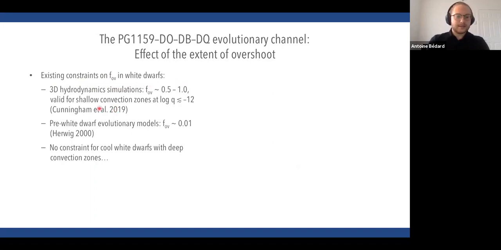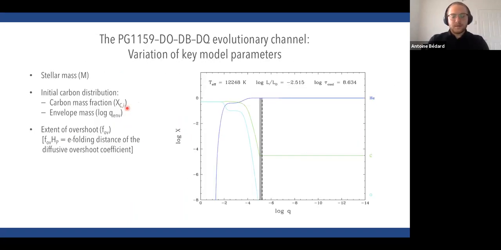But these simulations are currently limited only to shallow convection zones near the surface. So just to give you an idea, the 3D simulations are currently restricted to this region here, while carbon dredge-up occurs somewhere around here, so in much deeper layers.